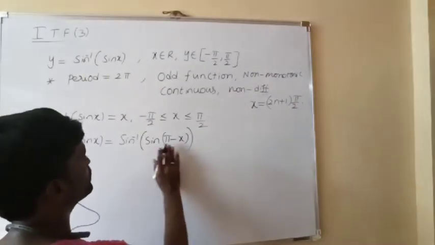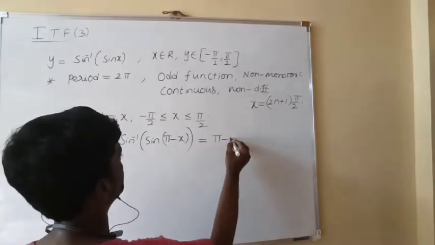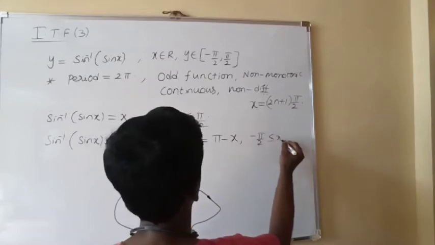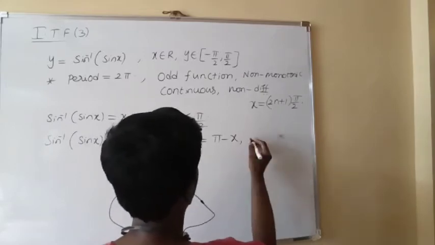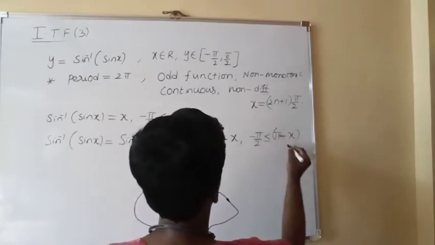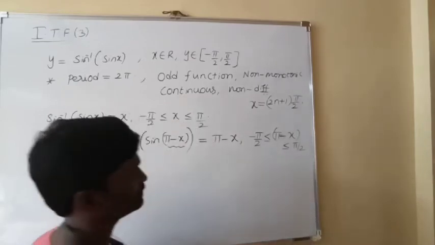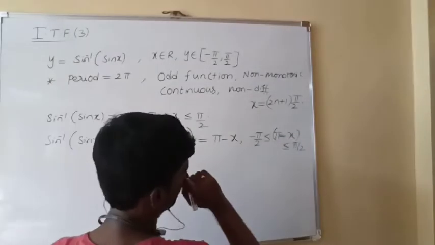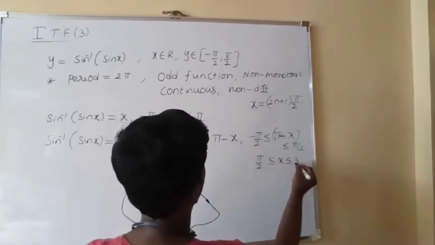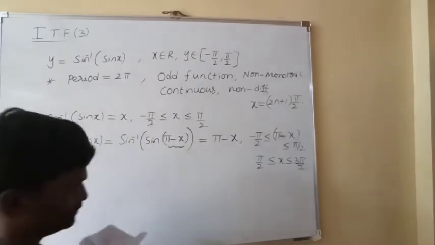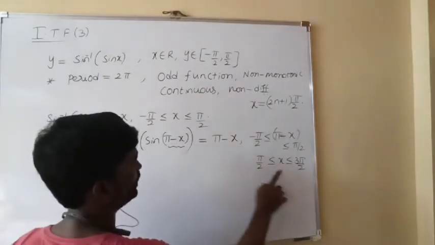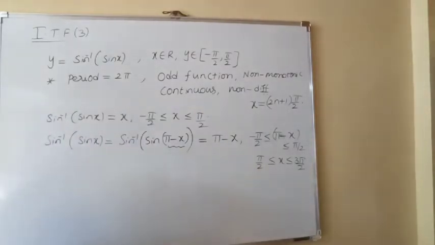Now it looks like sin inverse of sin x. Now this can be written as x only when this x must be what? Minus pi by 2 to plus pi by 2. This pi minus x lies between minus pi by 2 to plus pi by 2. So if we simplify this, you will get pi by 2 less than or equal to x less than or equal to 3 pi by 2. So thus sin inverse of sin x value is pi minus x when x lies between 90 to 270.